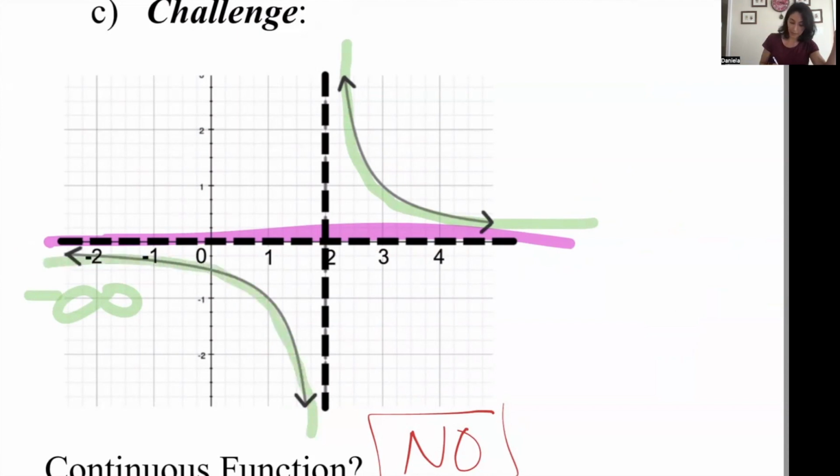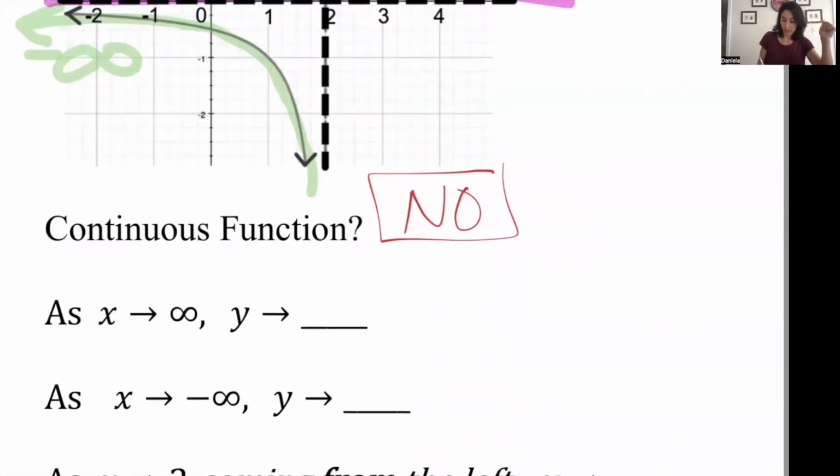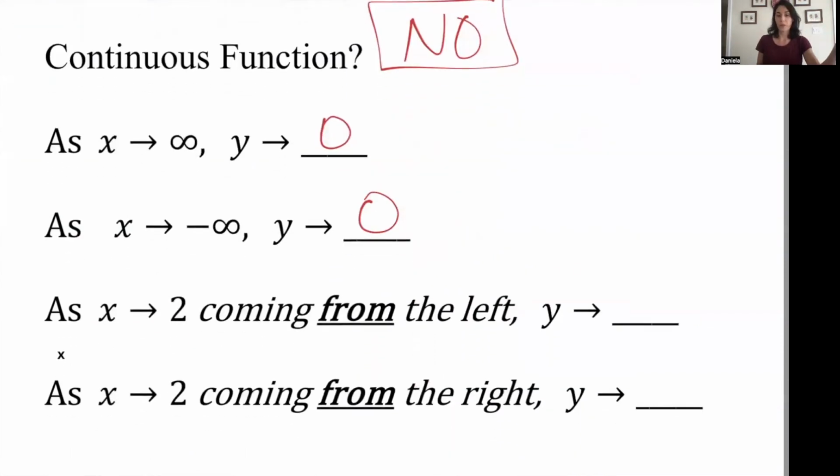So as I forever go to the left, again, your answer is not going to be positive infinity or negative infinity. Again, it's flatlining towards that horizontal asymptote, in other words, that y value 0. So as x approaches positive infinity, it's flatlining at 0, and it approaches also the y value 0 as x approaches negative infinity. So now, this is definitely what you're going to do in calculus.